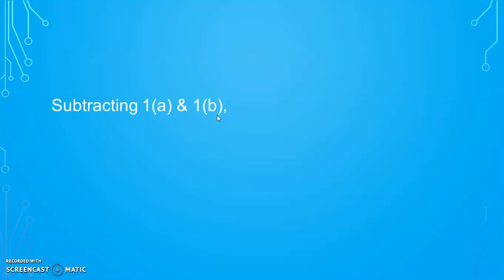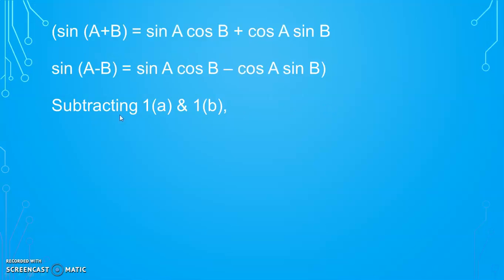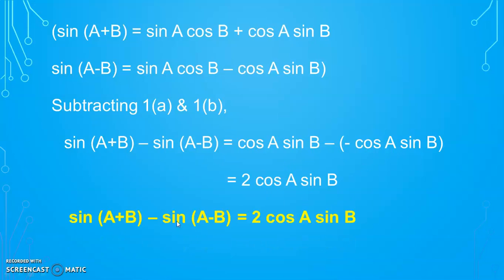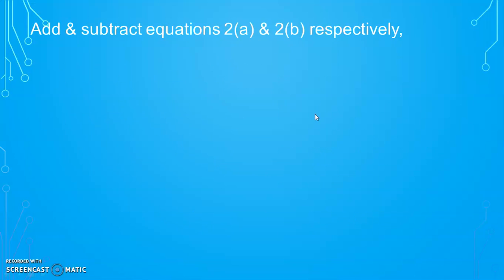If we subtract 1a and 1b, we get sin(A+B) minus sin(A−B) equal to cos A sin B minus of minus cos A sin B. Here the sin A cos B terms get cancelled, so the remaining is cos A sin B minus of minus cos A sin B. If we add these, we get 2 cos A sin B. So sin(A+B) minus sin(A−B) is 2 cos A sin B. That's why cos A sin B is equal to 1 divided by 2 times sin(A+B) minus sin(A−B).